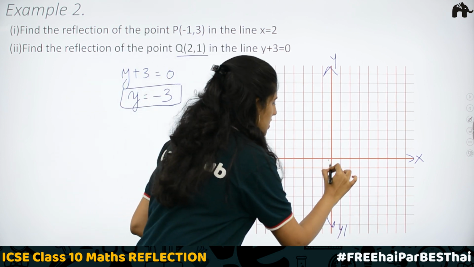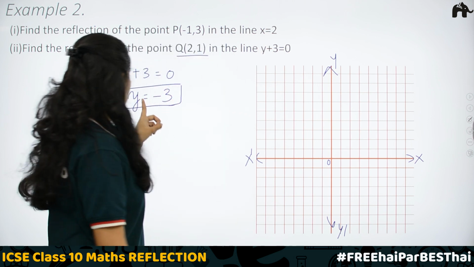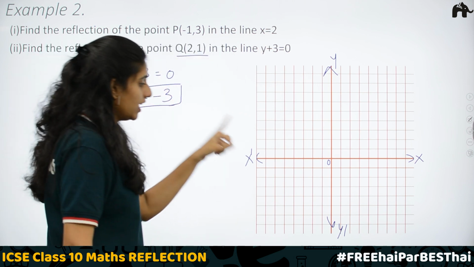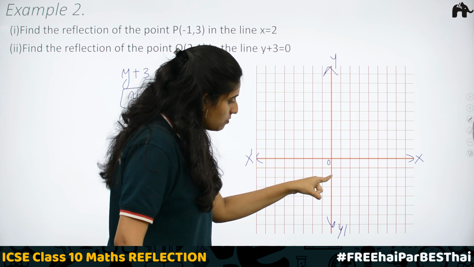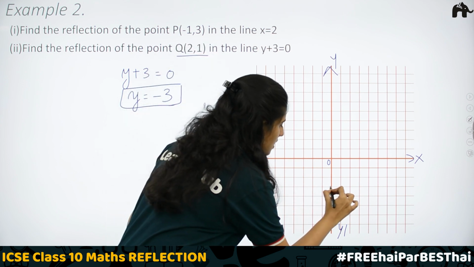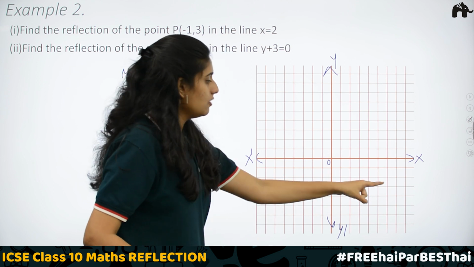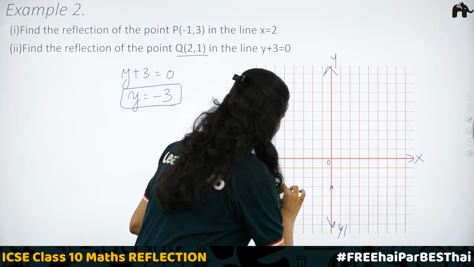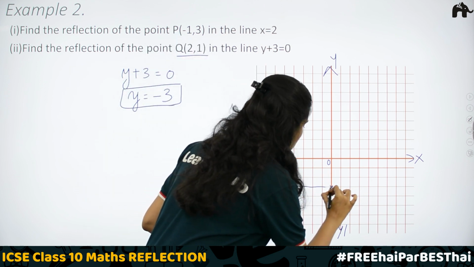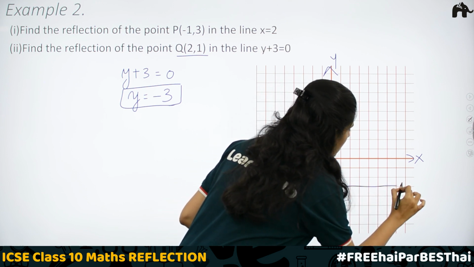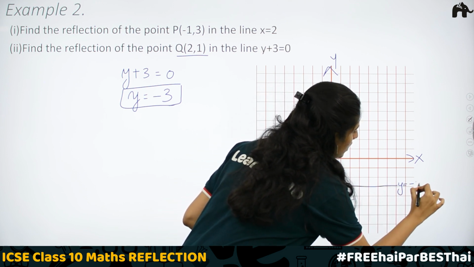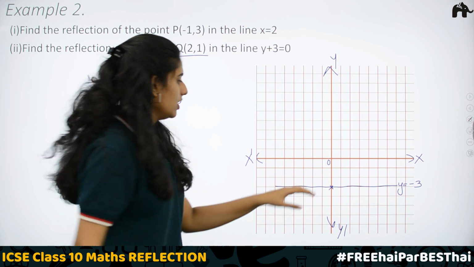This is my origin. Okay. Where do we have minus 3 along the y? Minus 1, minus 2, minus 3. Here the x coordinate is 0 and the y coordinate is minus 3. Therefore, a line which is passing through this point 0, minus 3 is my y is equal to minus 3 line. We got the line.